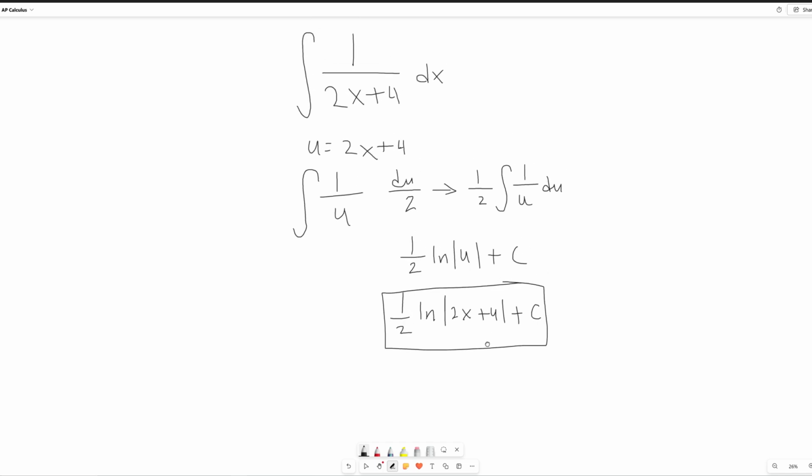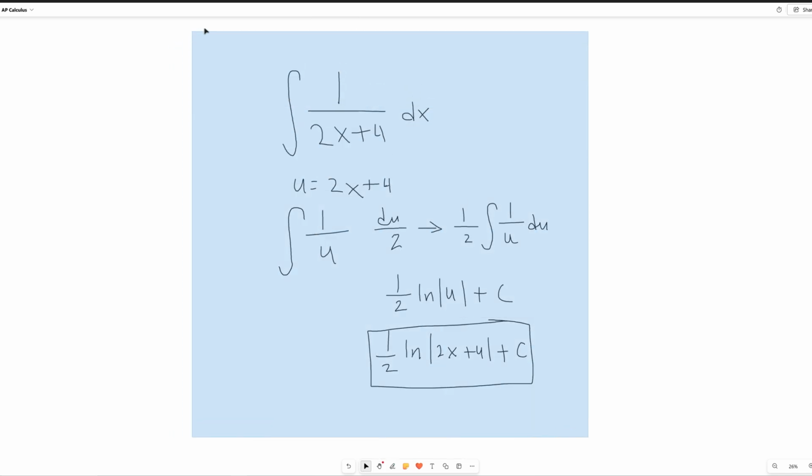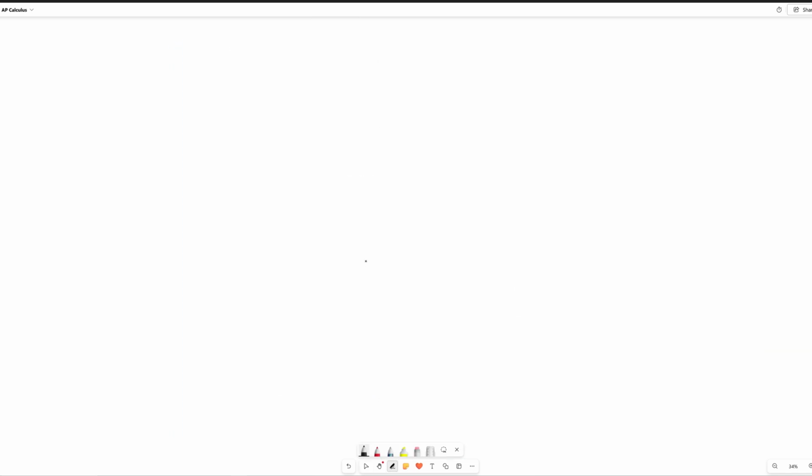Which may seem like a lot right now, but we're going to keep doing practice, and eventually it will feel more natural. So let's take something that's not like a fraction or anything like that. 8x minus 12. And then you have 4x squared minus 12x to the 4th.